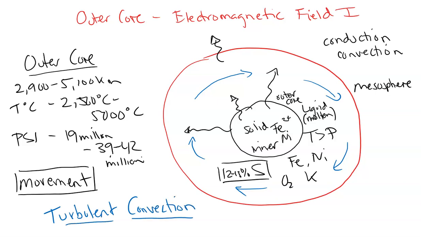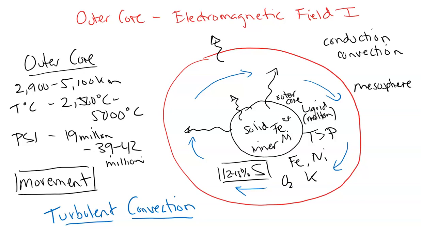All right, so this is the basics of the composition, depth and characteristics, and the fact that it's moving. And we're going to look more at how this region of the Earth's interior creates the electromagnetic field. So first, let's build the basics. Then we'll get on to the second video.